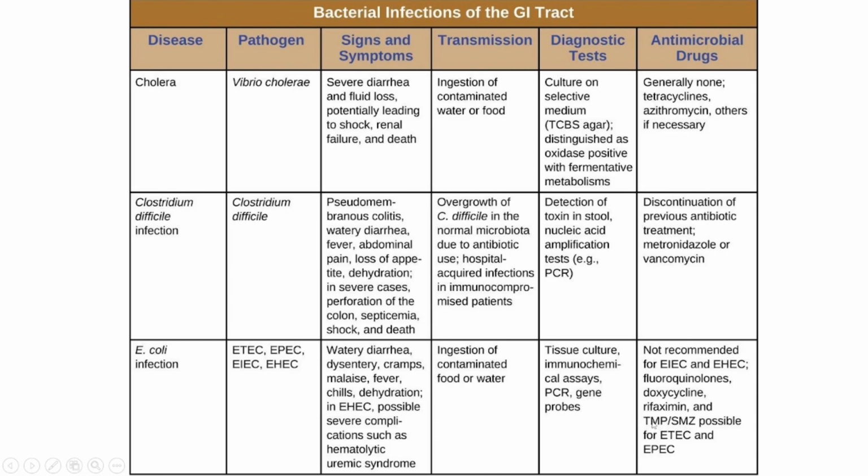Fluoroquinolones, rifaximin, and TMP-SMZ possibly for ETEC and EPEC. So these strains are going to be treated with these types of antibiotics, fluoroquinolones, doxycycline, rifaximin. So this is all about the bacterial infections of the GI tract.